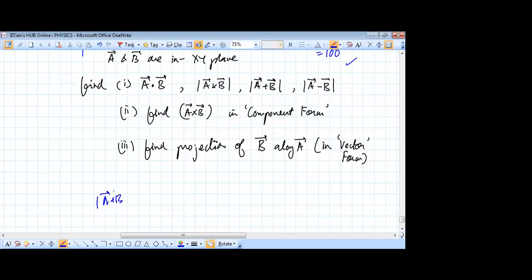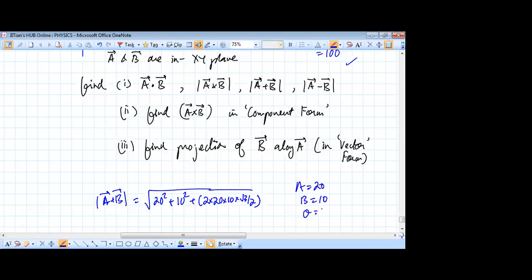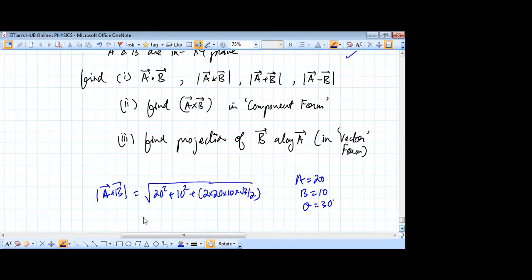Mod of A plus B is root of A square plus B square plus 2AB cos theta. Because A was 20, B was 10, and theta was 30 degrees, this will become square root of 500 plus 200 root 3.